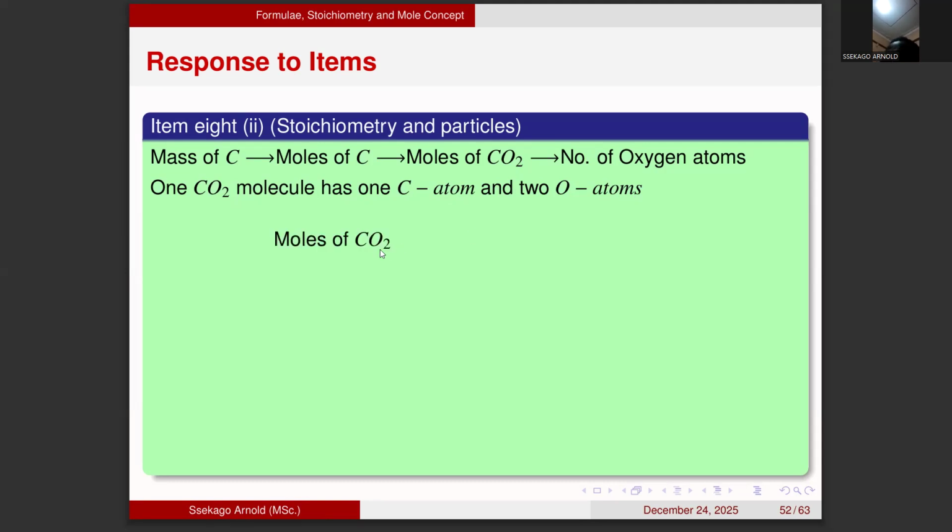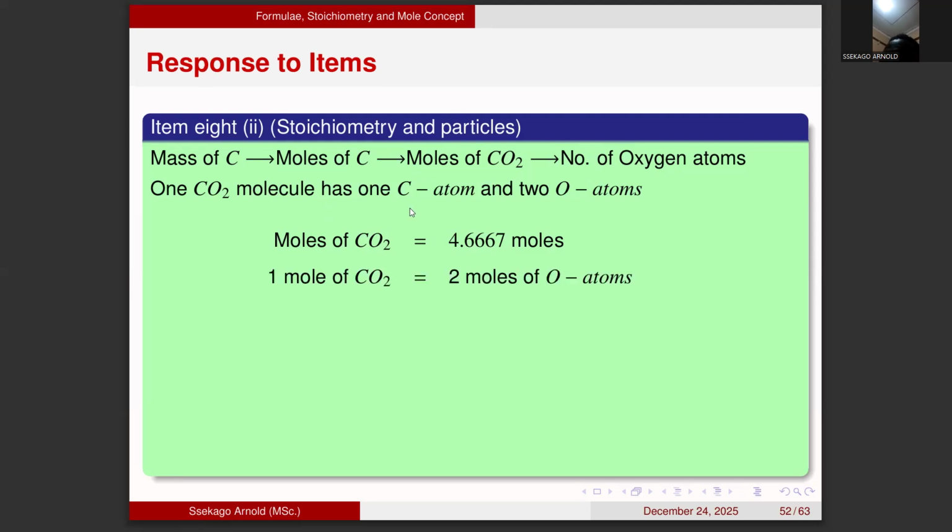So we know from Roman 1 that moles of carbon dioxide have been calculated. We have seen that they were 4.667 moles. So we first determine the number of oxygen atoms, then later we find the number of carbon atoms. So what shall we say? From this information, 1 mole of carbon dioxide has 2 moles of oxygen atoms. 1 carbon dioxide has 2 oxygen atoms.